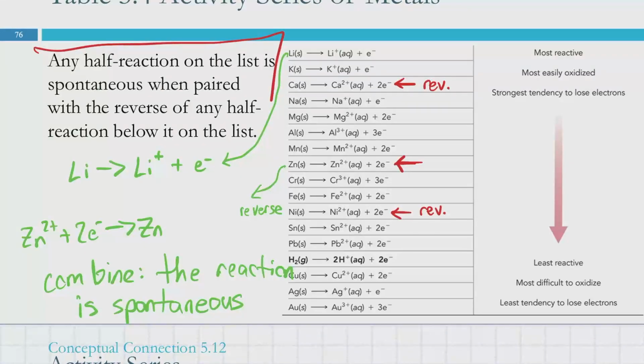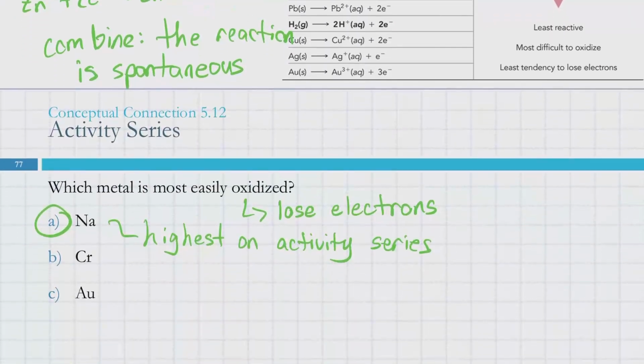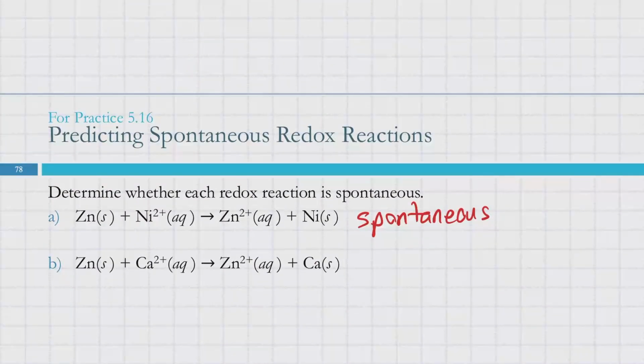So it's just this paragraph. So zinc forward direction is above the reverse of nickel.